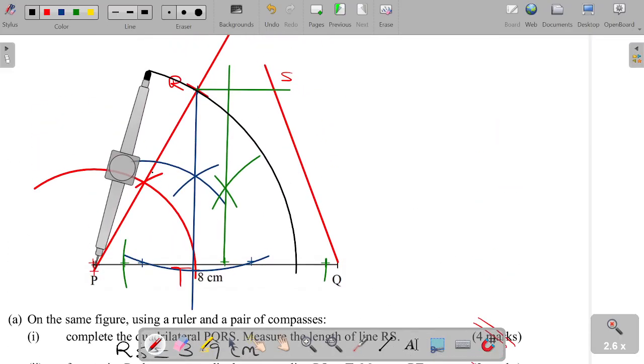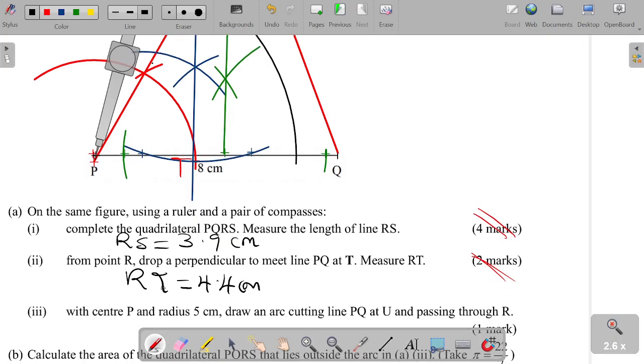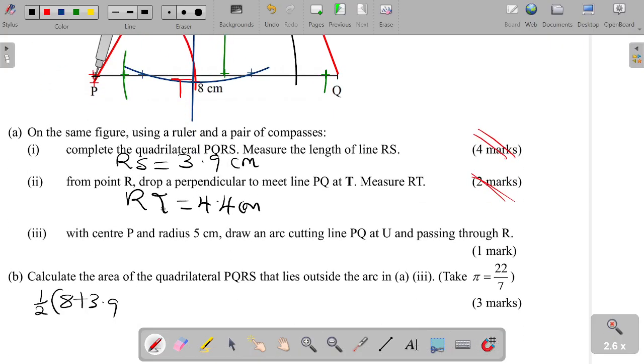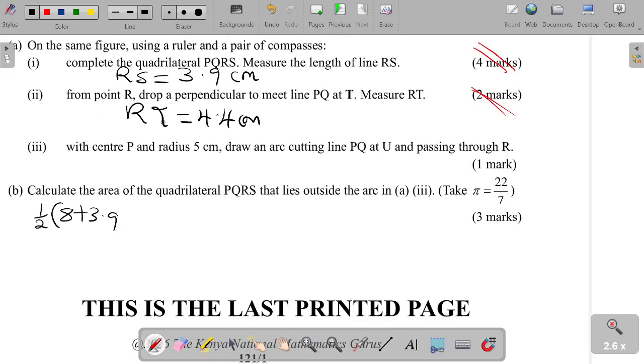8 plus 3.9, then times, we are doing this calculation well, and it is my hope that you are all understanding.